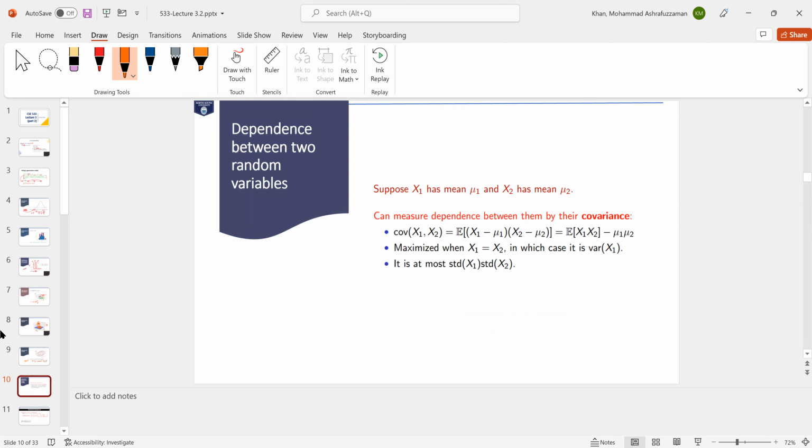So now we'll review some of the things that we already discussed. Suppose we have a feature x1 and its mean is mu1, and we have another feature x2 and its mean is mu2. So now if we want to measure the dependence between them, we can use either covariance or correlation.